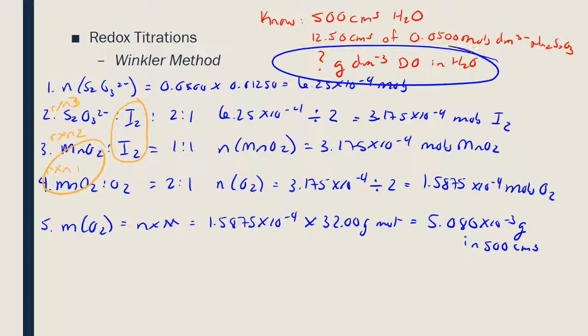But if you look here, we are looking for density, so grams per decimeter cubed. So the amount of dissolved oxygen, you have your grams, change this to decimeters cubed, divide the two, right? So 5.080 times 10 to the negative 3, divide that by 0.5.